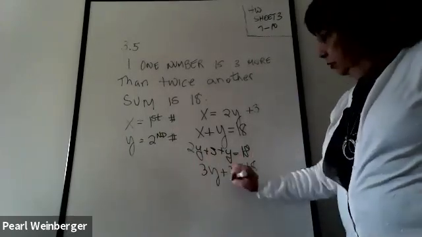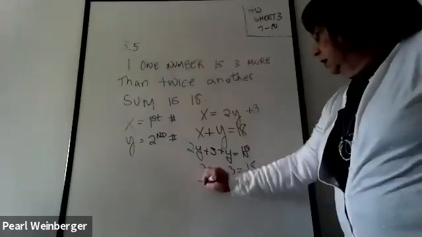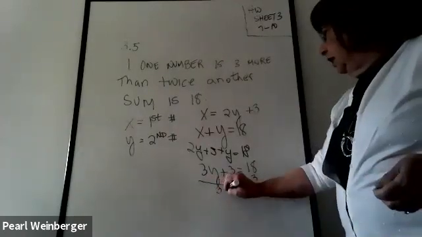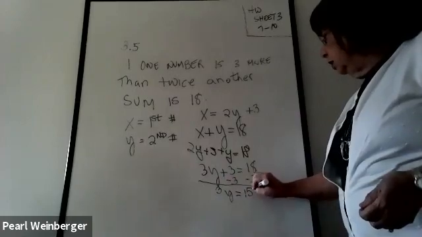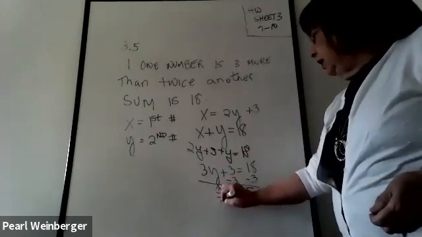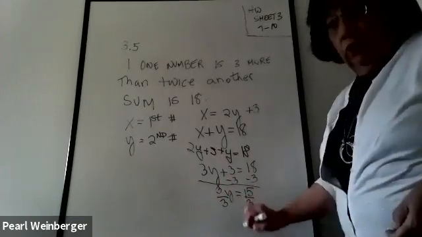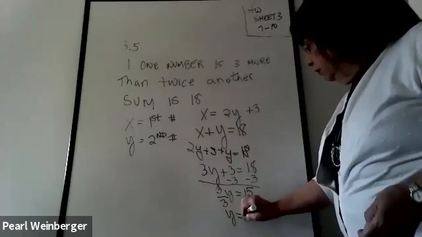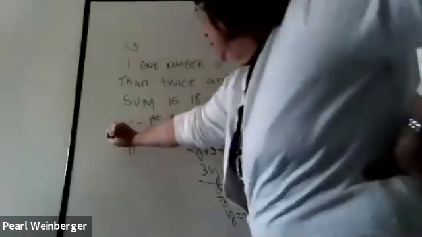I'll subtract the 3 from both sides, which will give me 3y equals 15. And I'll divide by 3. So I get that y equals 5. My second number, that was what my y was, turned out to be 5.